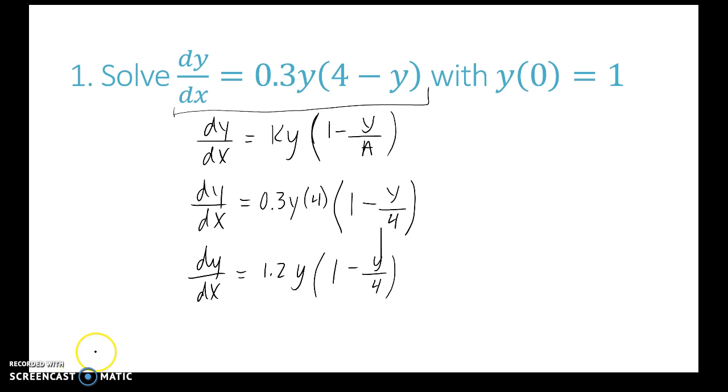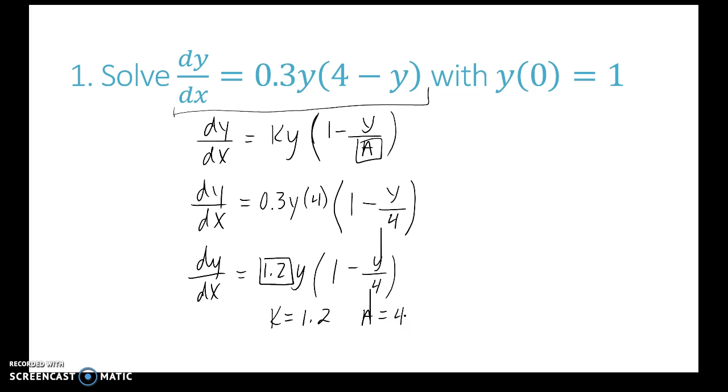So now look at the parts that I have. K is equal to 1.2. A is equal to 4.